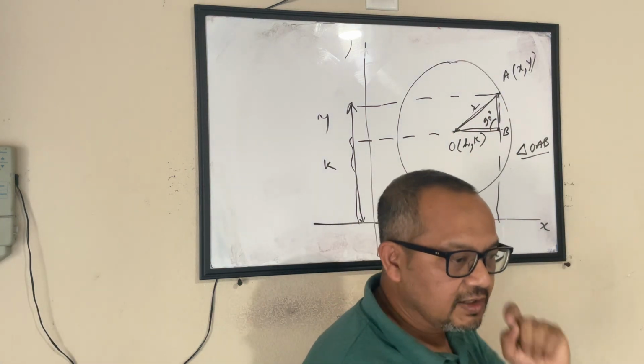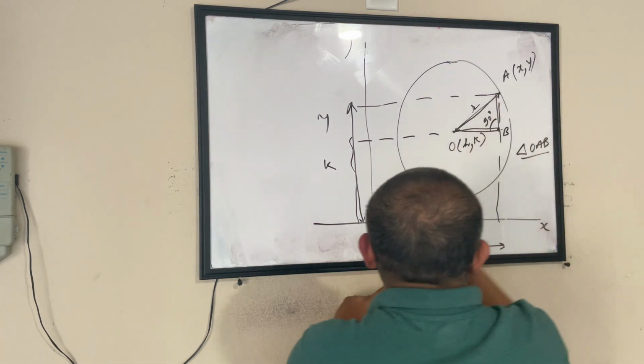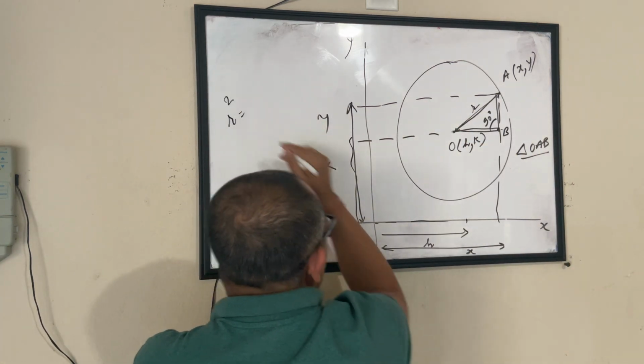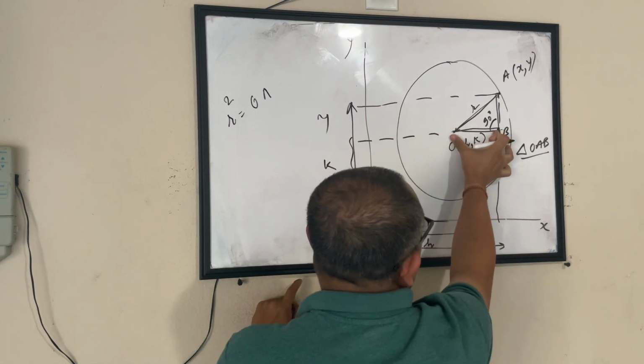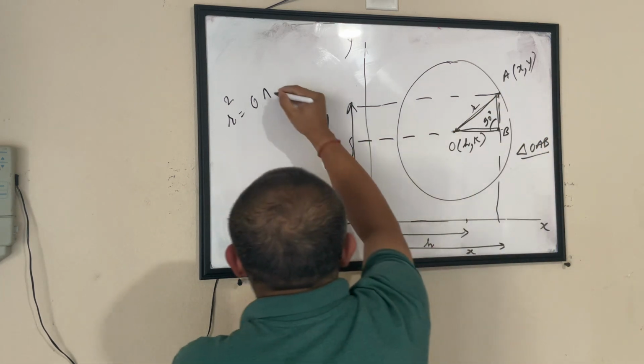And if you recall the Pythagorean theorem, which says hypotenuse squared, let's say this radius is r, r squared equals OB squared plus AB squared.